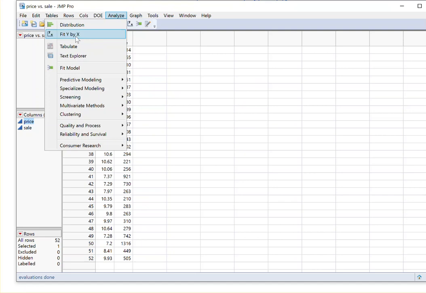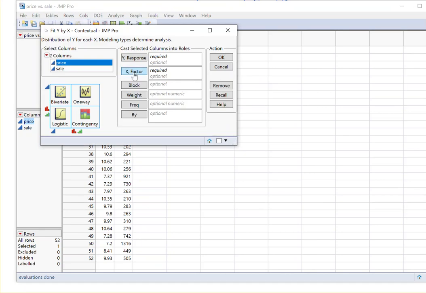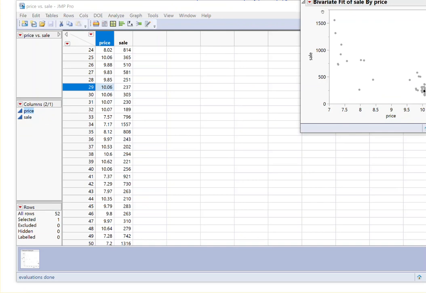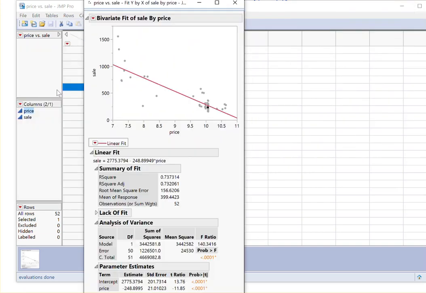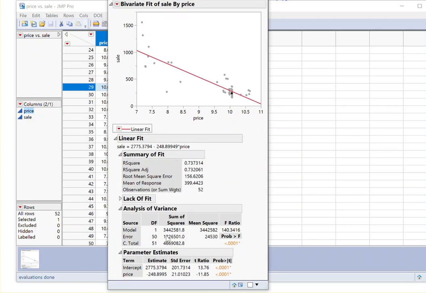Let's analyze price as the x, sale as the y, click OK, and then do the regression, fit the line. If you look at the output, it will tell you the standard error of b1. We will talk about this in detail later. So the standard error of b1 will be given in the output.